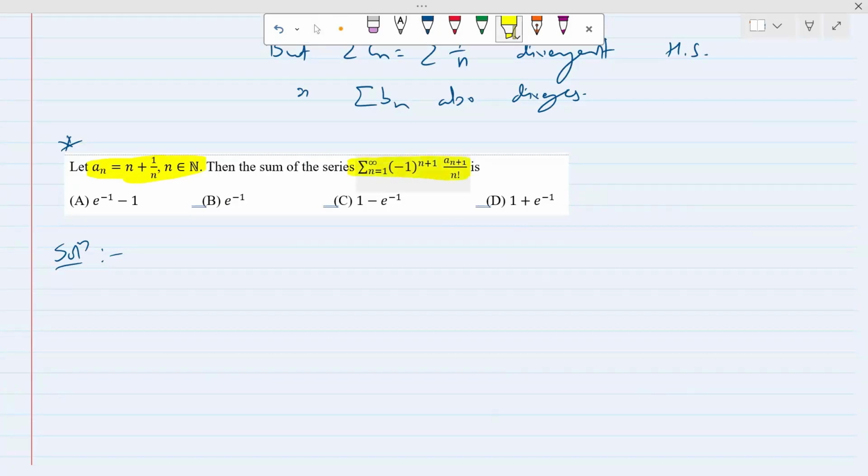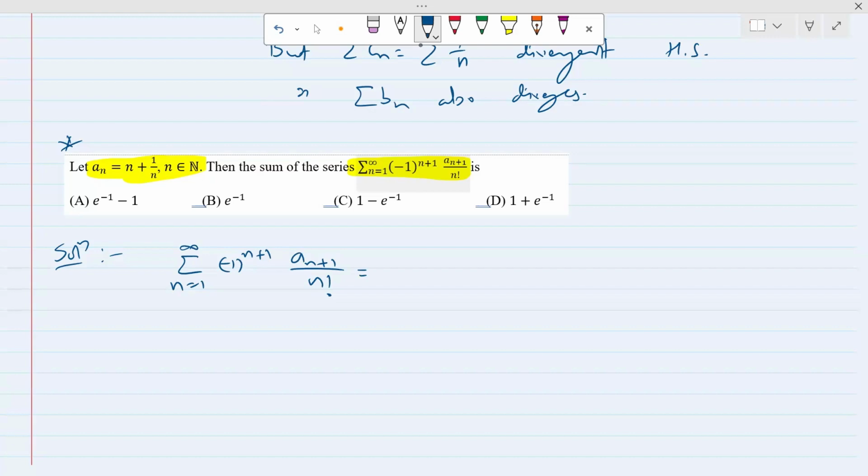So we not only have to conclude whether it is convergent or divergent, we also want to find its sum. So what do we want? Summation n from 1 to infinity of minus 1 raised to n plus 1, (an plus 1) upon n factorial. This is what we actually want to compute. So that means the series is convergent and we want to find its sum.